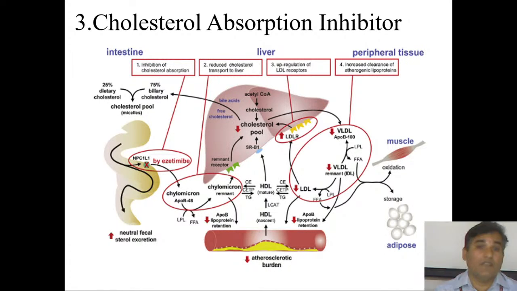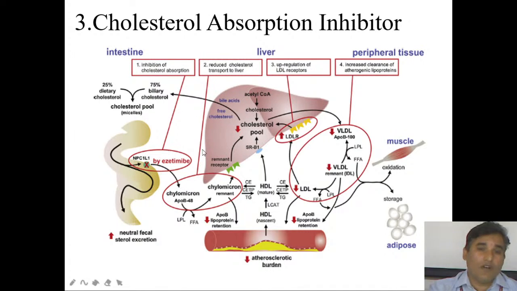Cholesterol absorption inhibitor. Here the drug is ezetimibe, which inhibits the absorption of cholesterol from the GI tract into the systemic circulation. When cholesterol absorption from the GIT decreases, it further reduces cholesterol transport to the liver. When absorption is inhibited, the cholesterol transported to the liver via chylomicrons decreases.